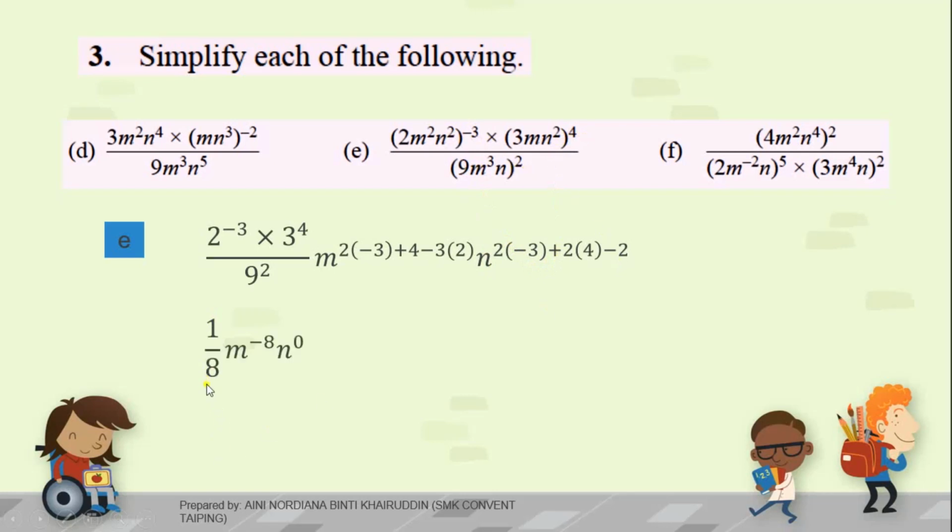So you get 1 over 8 m to the power of negative 8 n to the power of 0. Here you can use your calculator, you'll get 1 over 8. This one you'll get negative 8. Since this is in negative index form, we change to positive index form. n to the power of 0 is equal to 1.